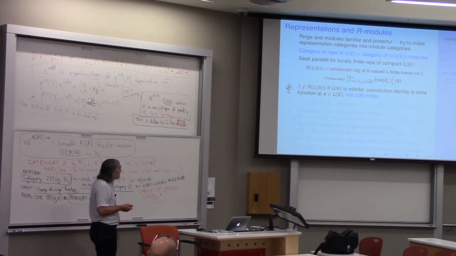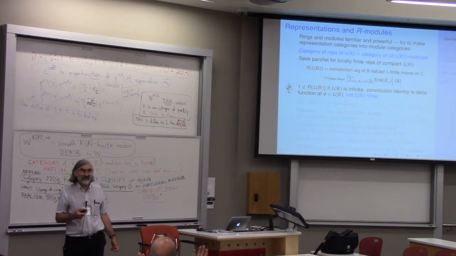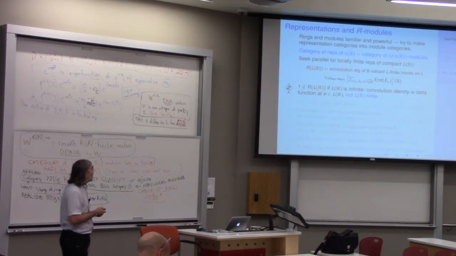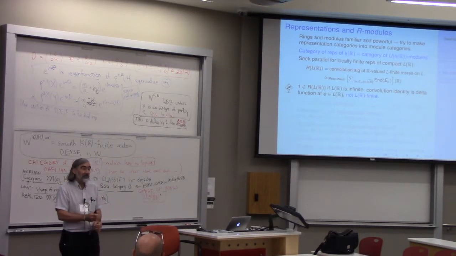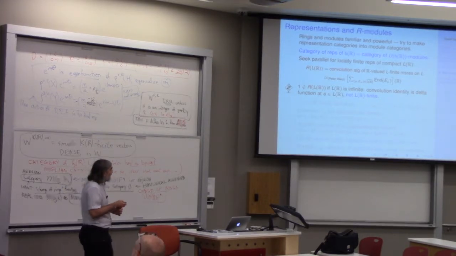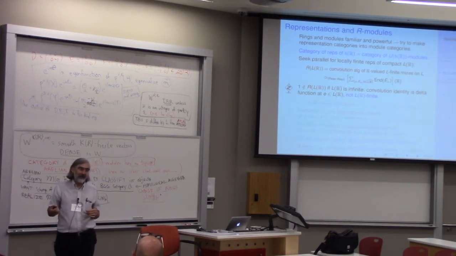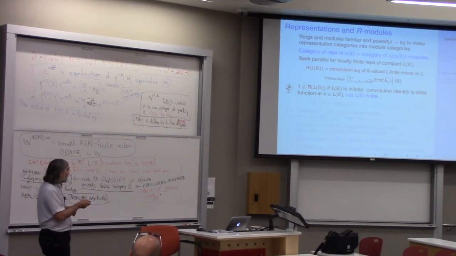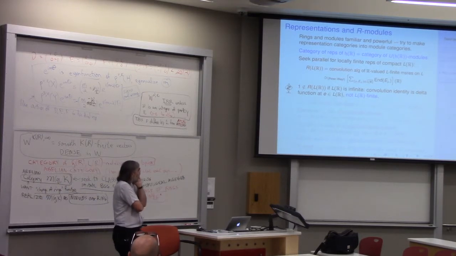So that's nice, but the tricky part is this convolution algebra doesn't have an identity element. The identity element for convolution is a delta function at the identity, and the delta function at the identity doesn't transform finitely under group translation if the group is infinite. But that's okay.